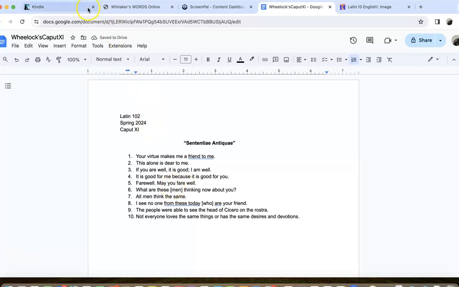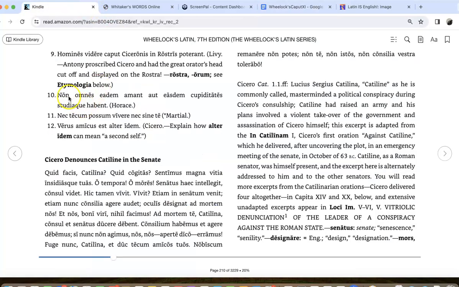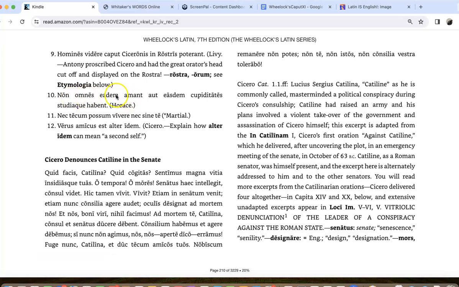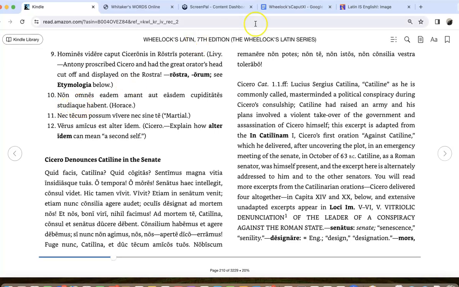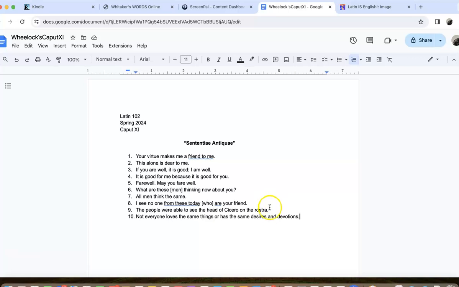So not everyone loves the same things. So non omnes amant eadem. So not everyone loves the same things. Or has, habent, the same desires. They're really like Cupids. The same desires and, did I say or? And devotions. Let me check that there. No, I did say and.